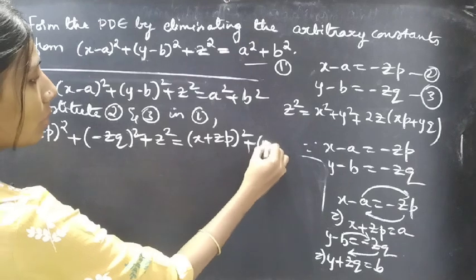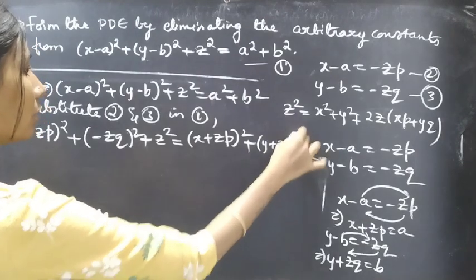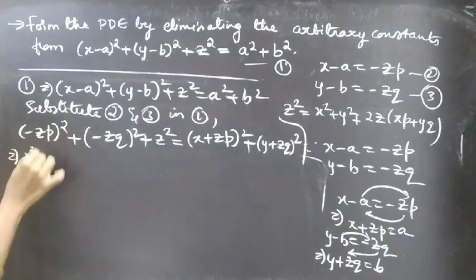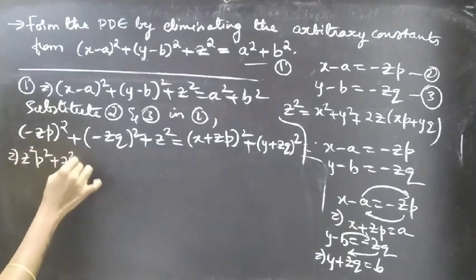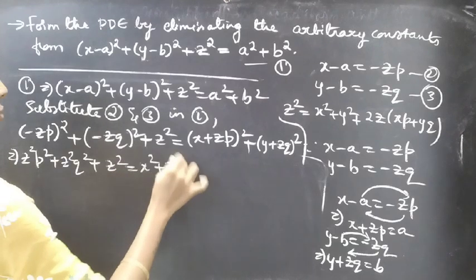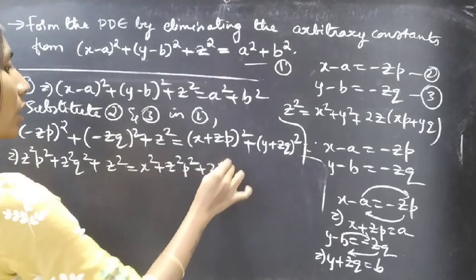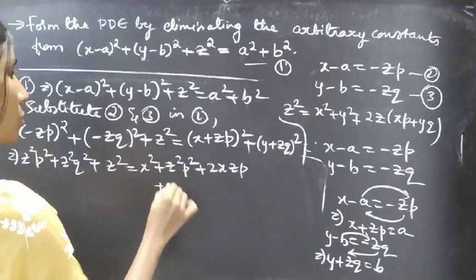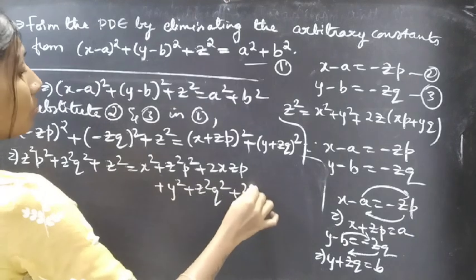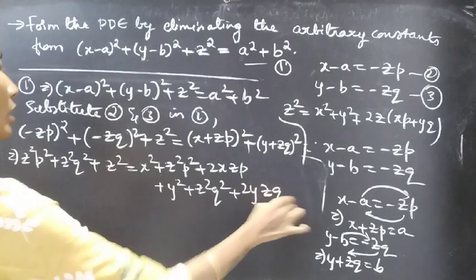We will replace b by y plus zq, we will get (y plus zq) whole square. This gives us z square p square plus z square q square plus z square equal to x square plus z square p square plus 2xzp plus y square plus z square q square plus 2yzq.